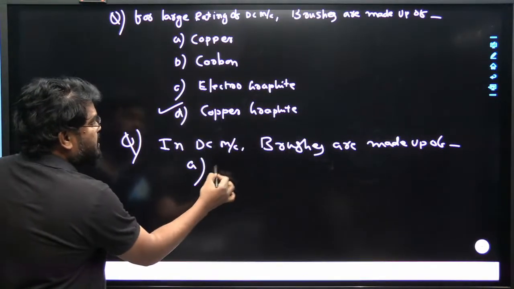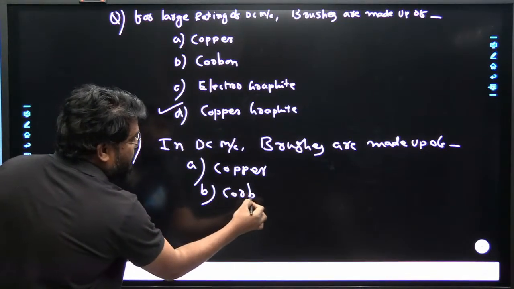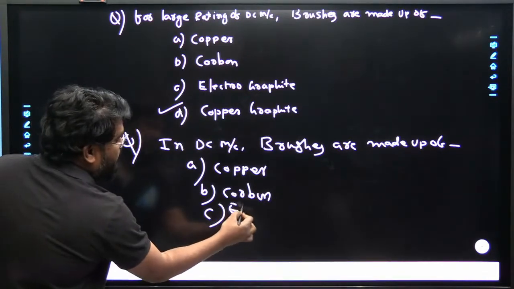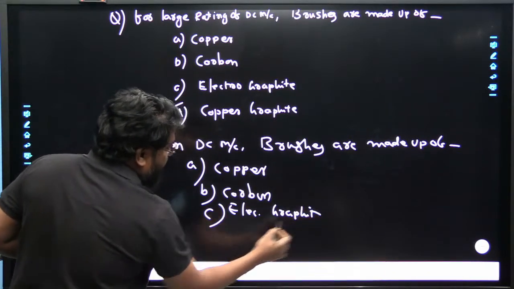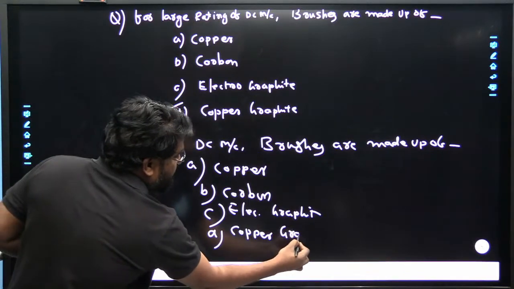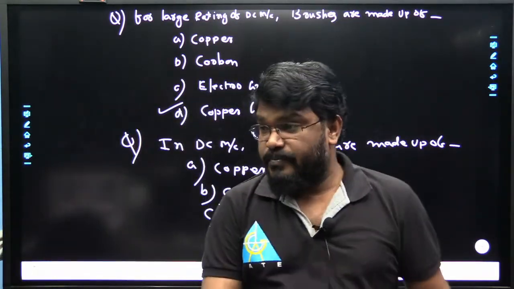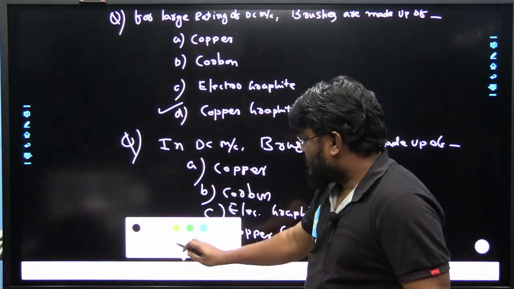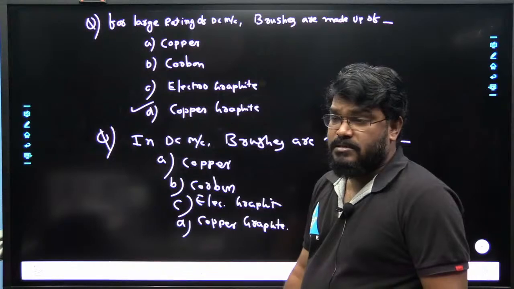Same options: copper, carbon, electrographite, and option D copper graphite. Now tell me what is the answer for this question. So these are the three possibilities of the question based on the brushes.